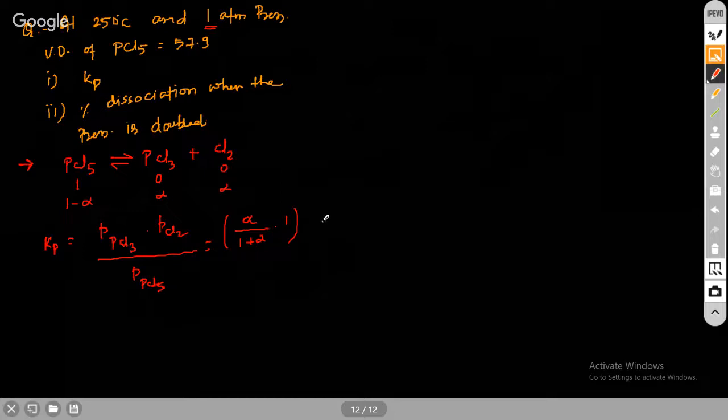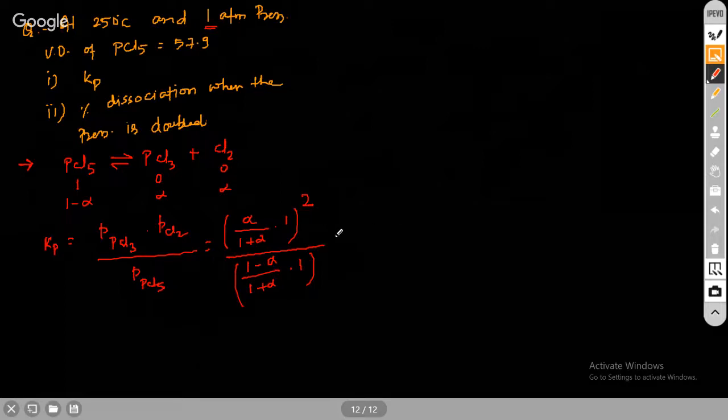Similarly, if I write for Cl2, that is also the same thing, right? Because alpha is the same over here. So I'll just write down the square of it, divided by 1 minus alpha divided by 1 plus alpha into 1, right?